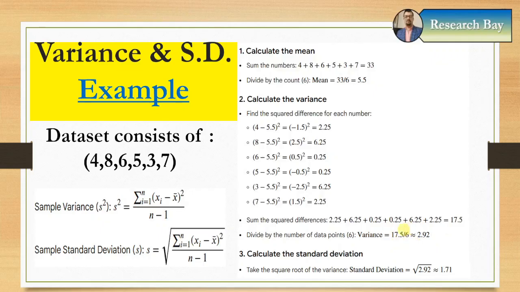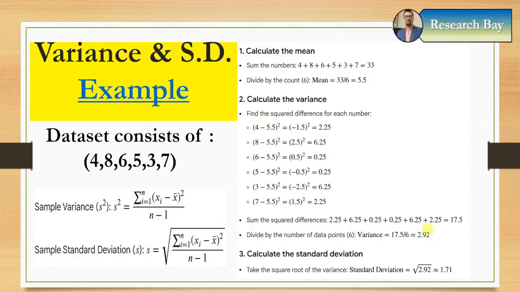So if we just divide it by 6, that is a wrong formula for calculating the sample variance. As I told you, the Bessel's correction, so this has to be 5, 6 minus 1, because there are 6 observations, n minus 1, 6 minus 1 is 5.